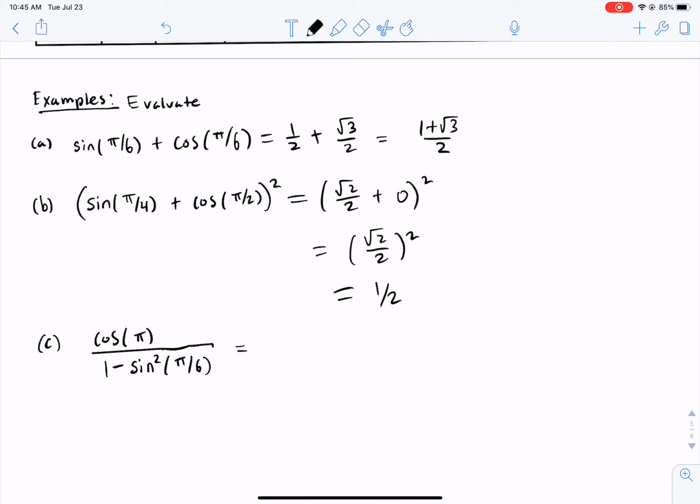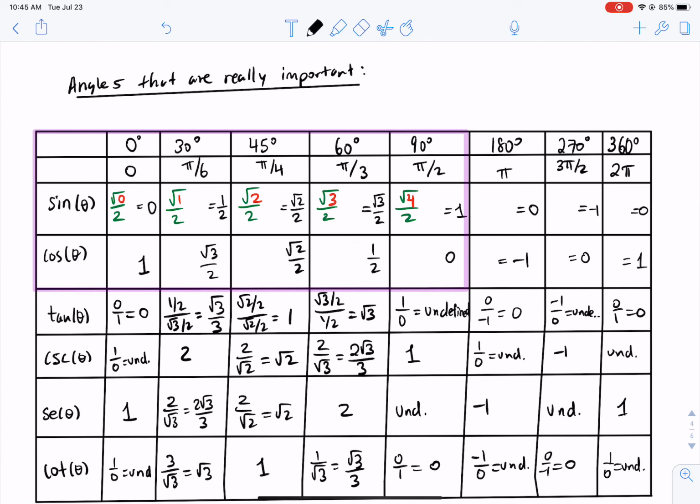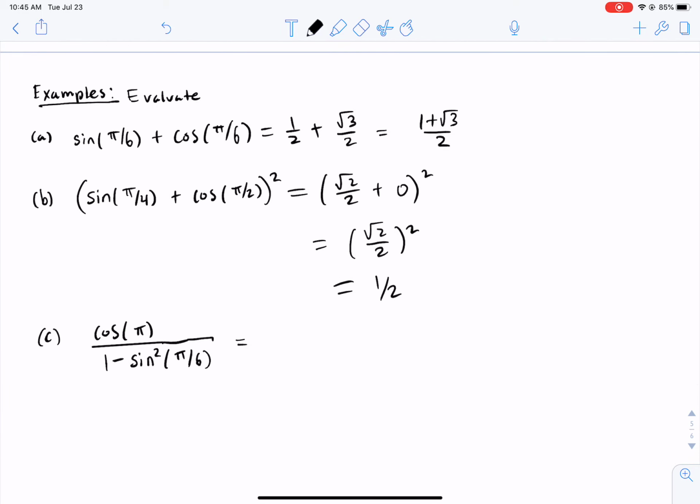Cosine of pi. What was pi in degrees? 180. So if you're taking a look at the table, that's pi over there. What is cosine of that? -1. So this will be -1 divided by 1 minus whatever this is squared.